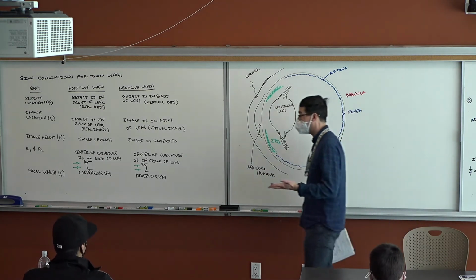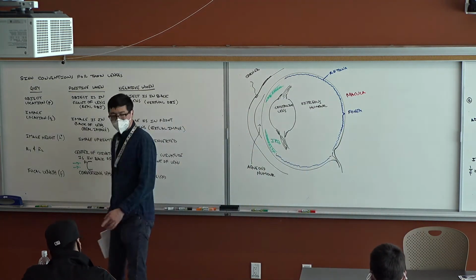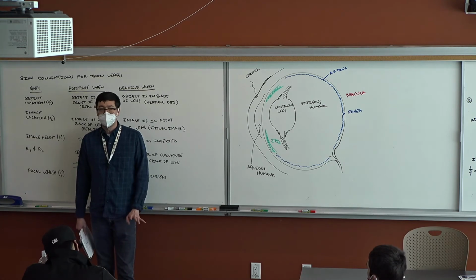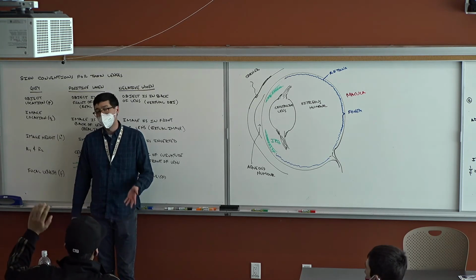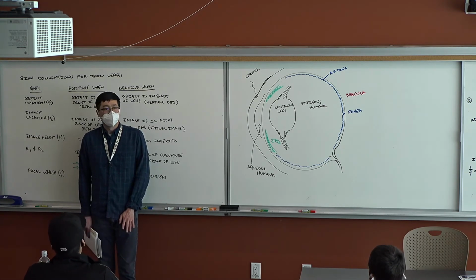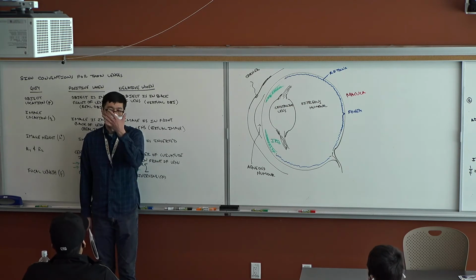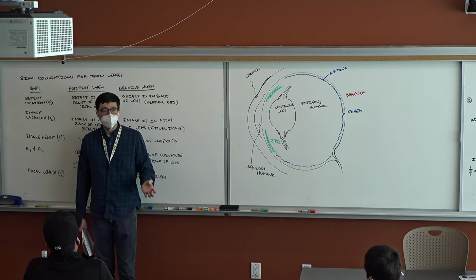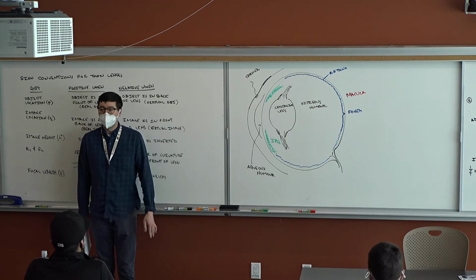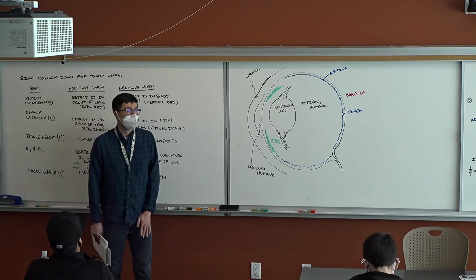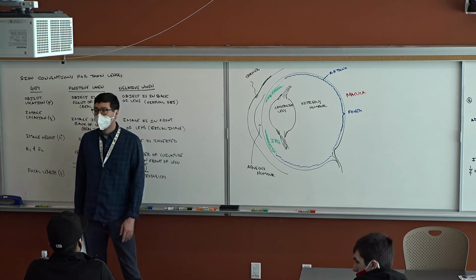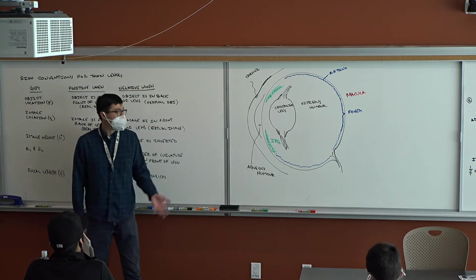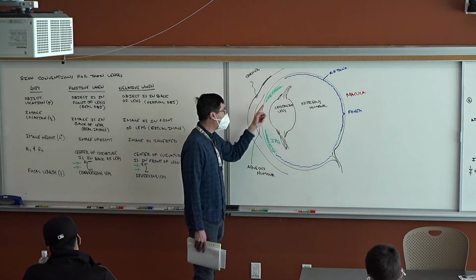But yeah, anyone ever played around with f-stops on a camera? So you have to be careful not to let too little light in or too much light in, or the photo won't come out, right? It's either going to be too dark or it's going to be oversaturated. Yeah. So the iris serves that role.